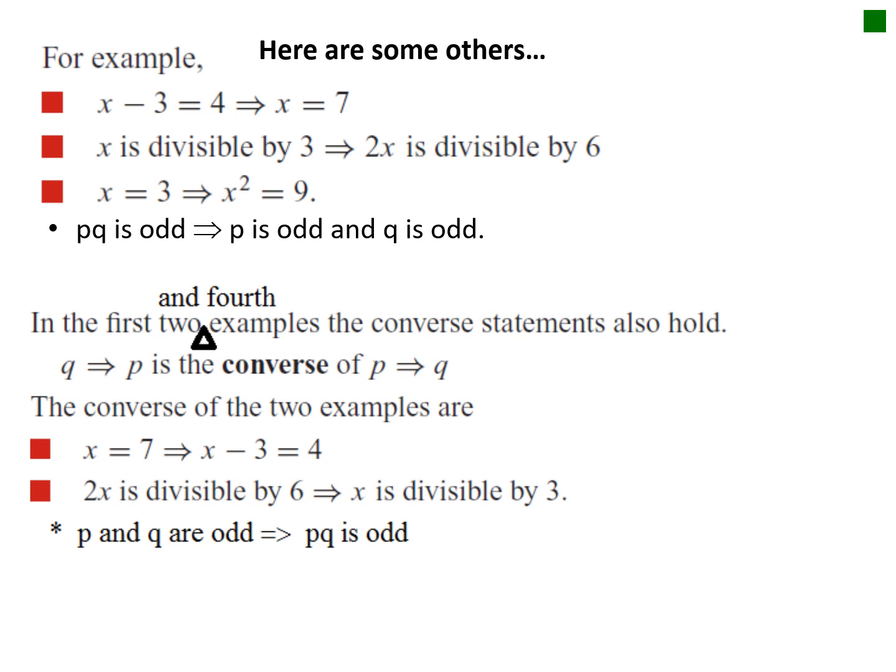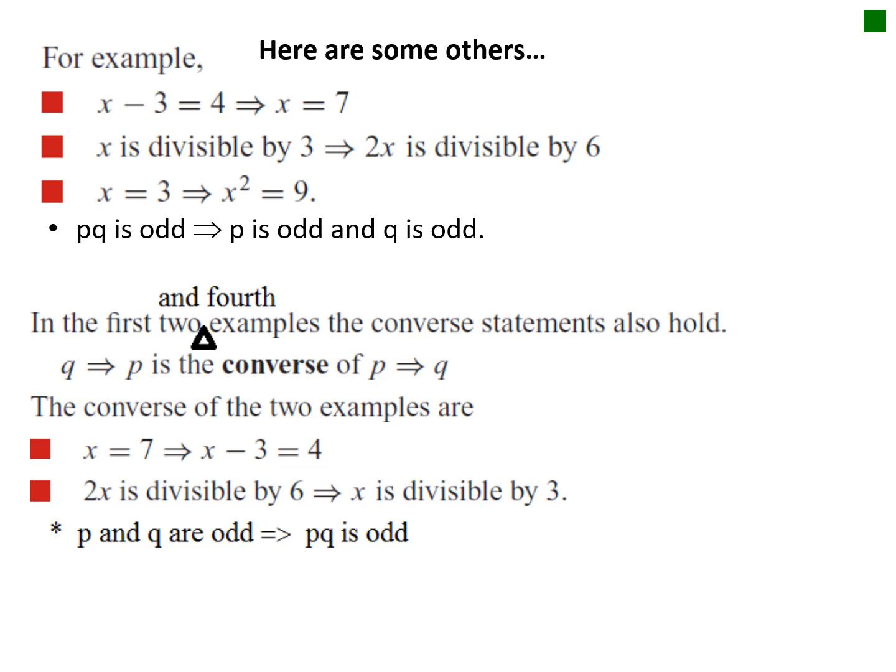What was the antecedent is now the consequent, and vice versa. Looking at the second one, if 2x is divisible by 6, then this implies x is divisible by 3. Again, we'll prove this for you guys later. If P and Q are odd, then it means their product is also odd. Now, that means that the initial statement is true and their converse is also true.